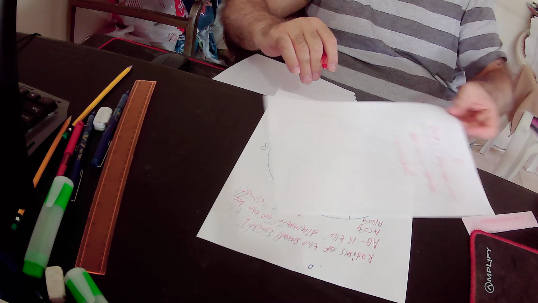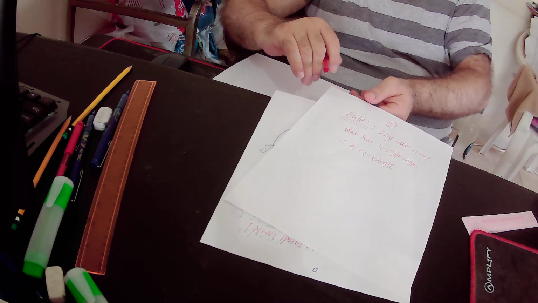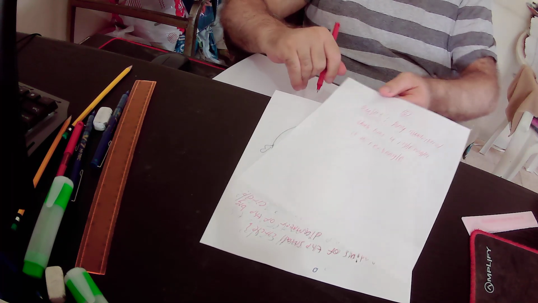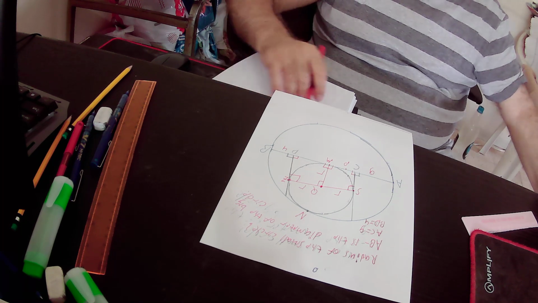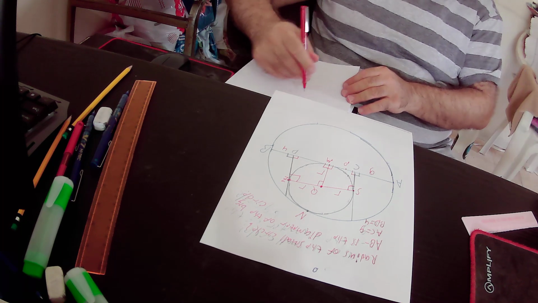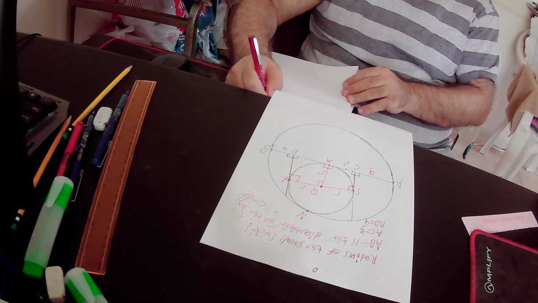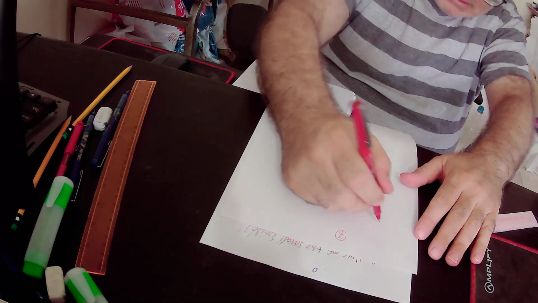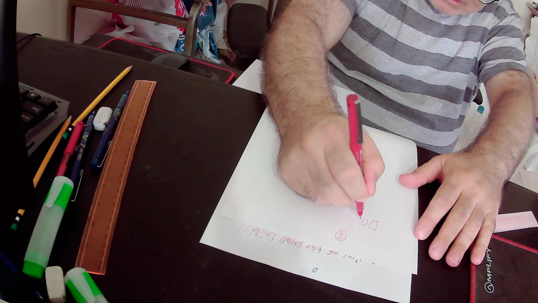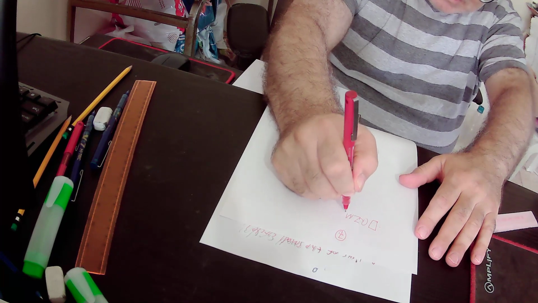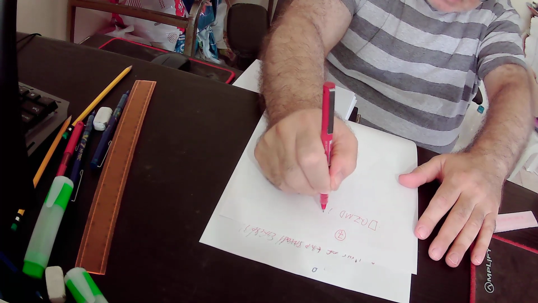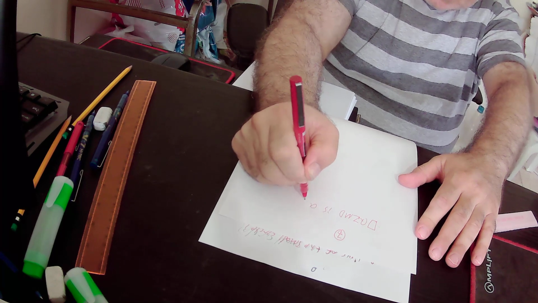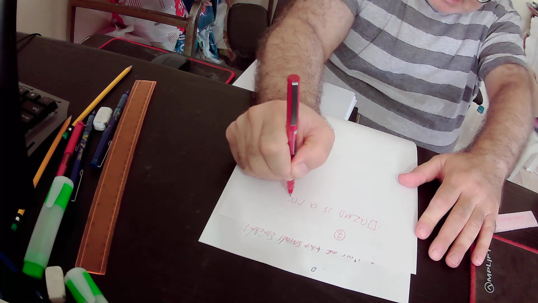So according to rule number 3, quadrilateral QZMD is a rectangle.